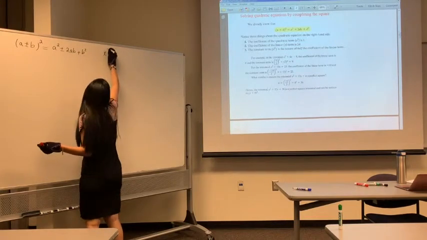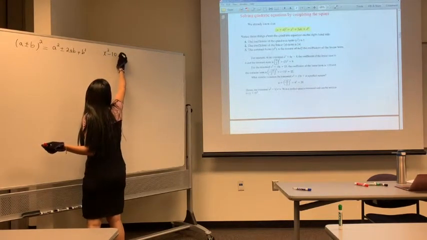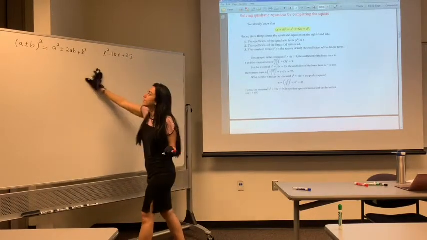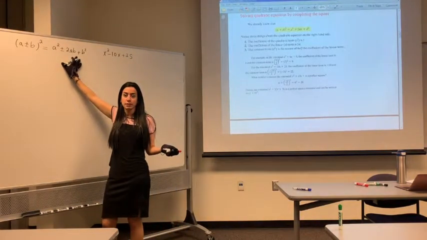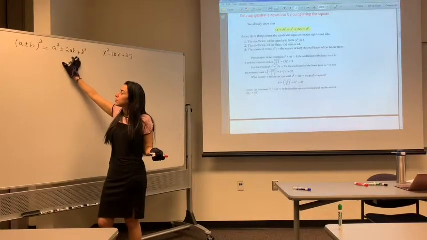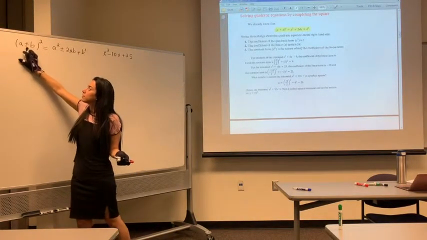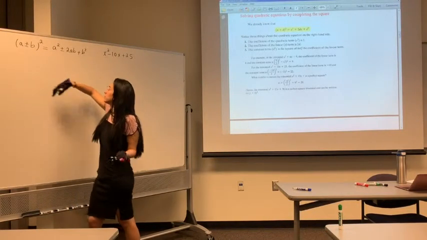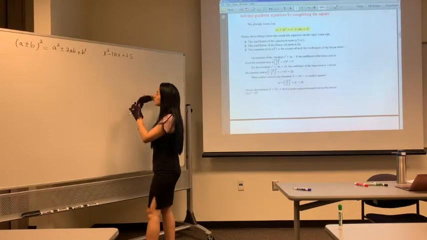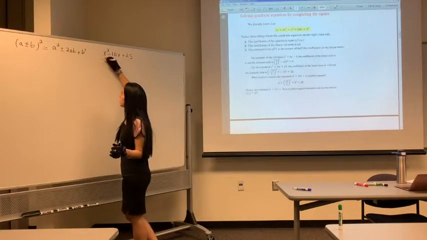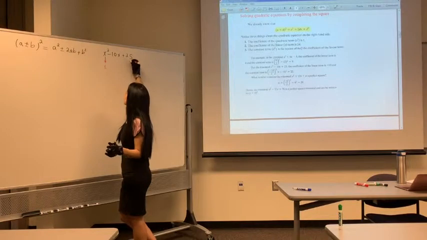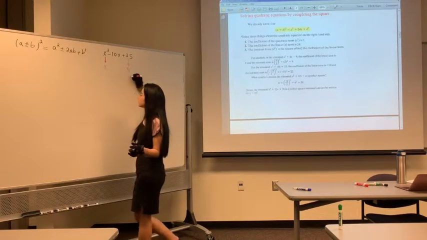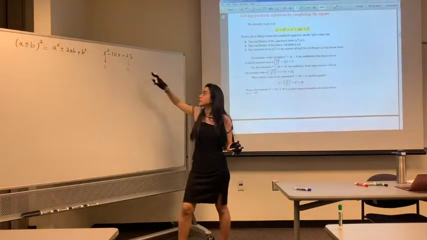If we have x squared minus 10x plus 25, it means we have this side of the equality, and we can make it like this, which we call a complete square. So here for us, a is x, b is 5, because this is b squared, right?